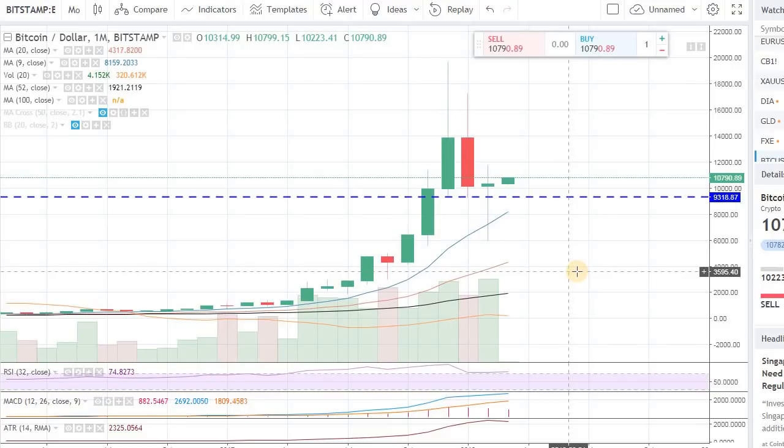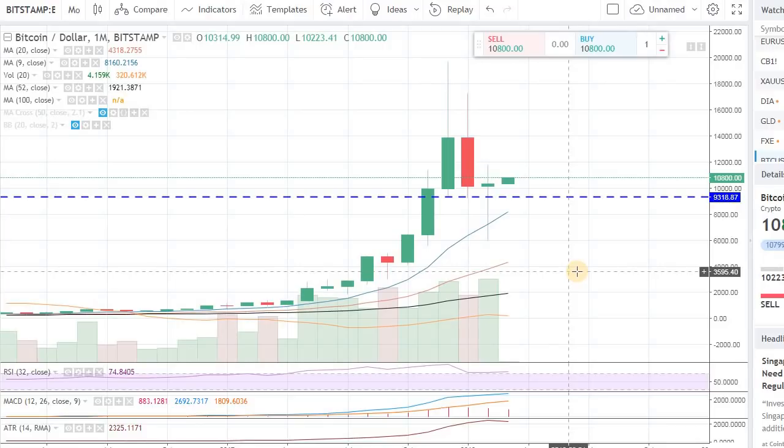It's not completely isolated. Some people think it is, but I really don't believe so, and any professional trader will tell you the same thing.